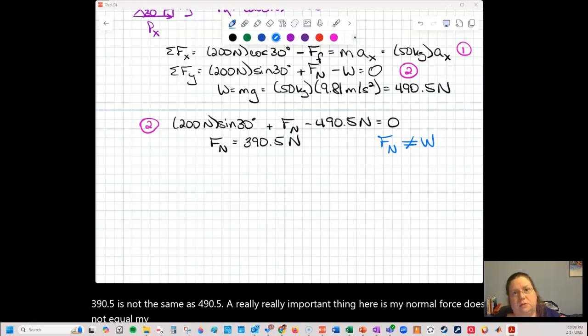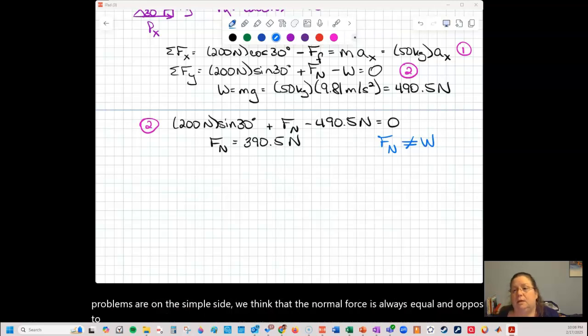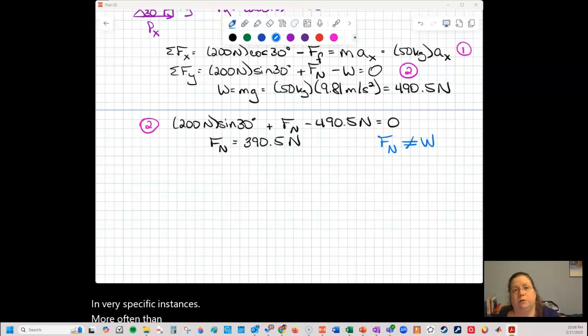A lot of students become pattern trained in physics because the problems are on the simple side. We think that the normal force is always equal and opposite to the weight. In our class, that's only going to be true in very specific instances. More often than not, your normal force is going to be something other than the weight.